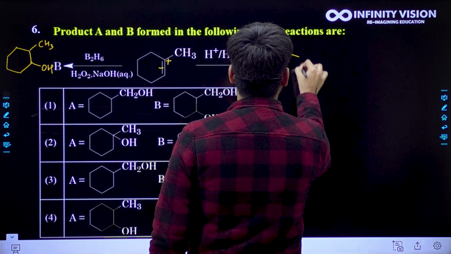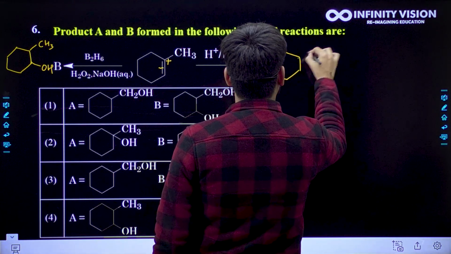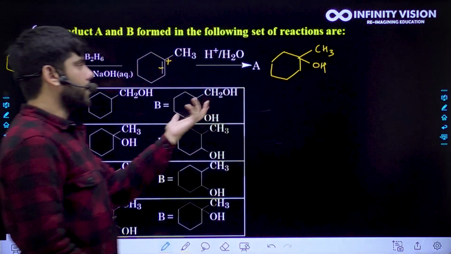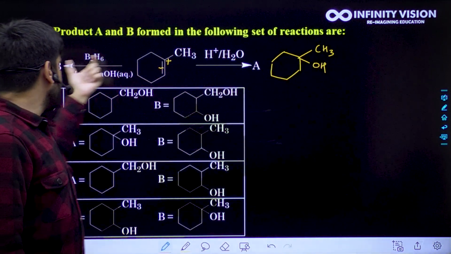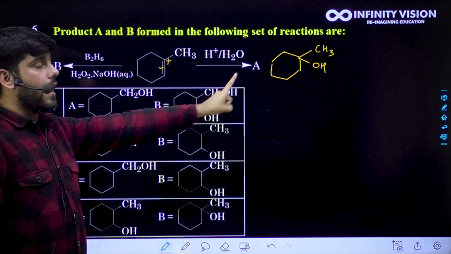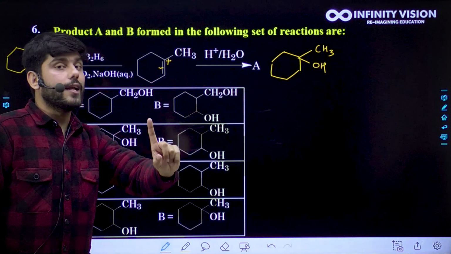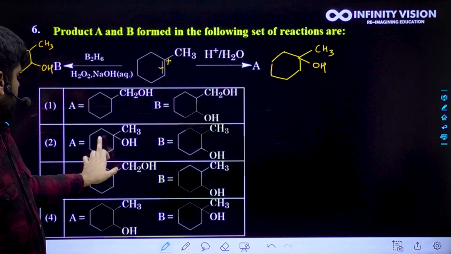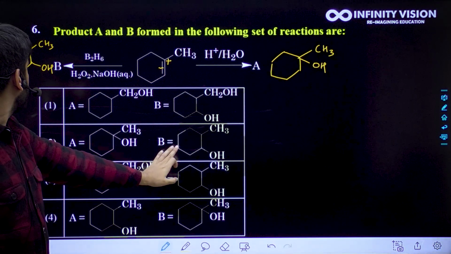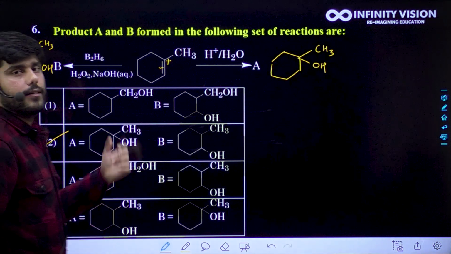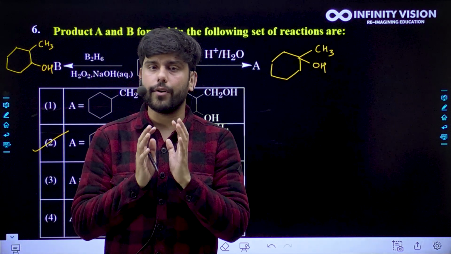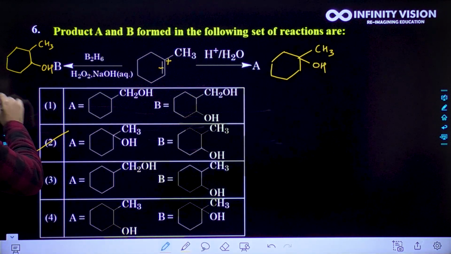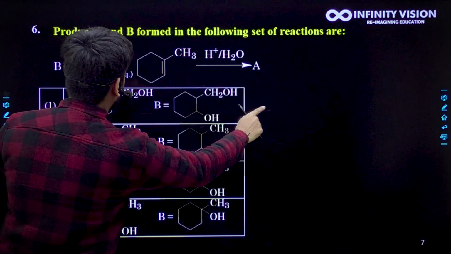So what we get is this, the product. So A is this and B is this. So please see, they have given A this side, so don't get confused while marking. So this is A and this one is B. Yes. So second is the right answer to this question. It is not difficult at all, right? It's also very simple. Let us discuss the next question.